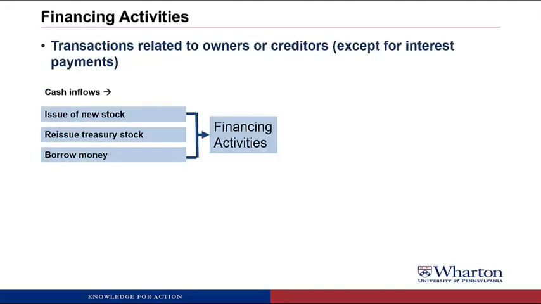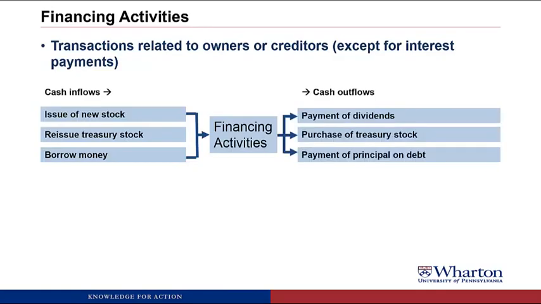So what financing activities will include are cash inflows such as the money you get from issuing new stock or reissuing treasury stock. That's when you take the stock that you previously bought back, which we call treasury stock, and then sell it back to the public, or money that you get from borrowings from banks or other creditors.